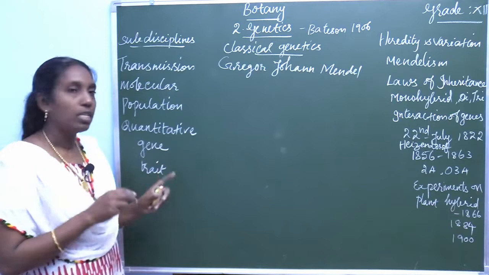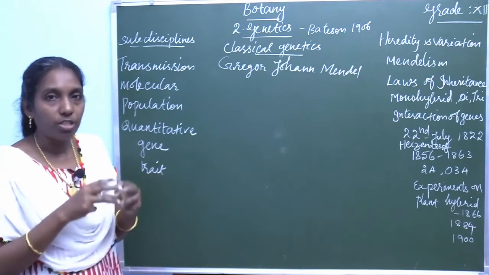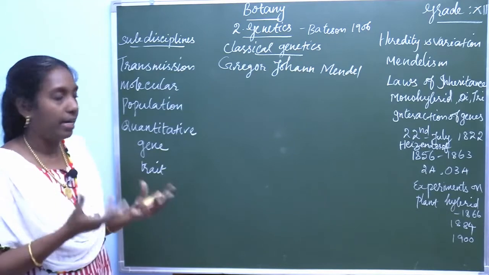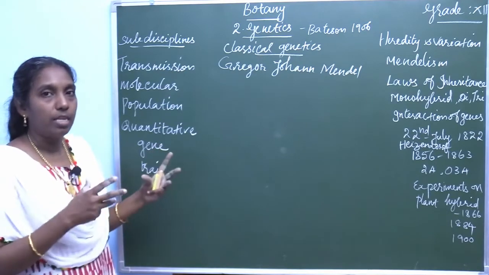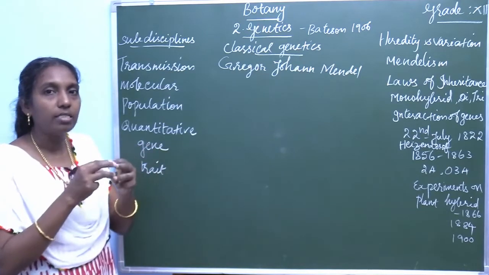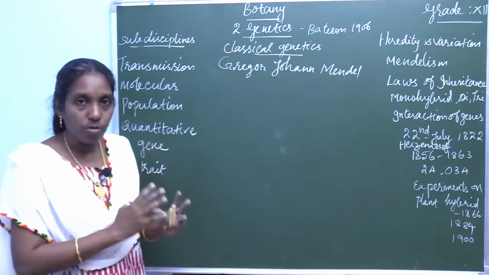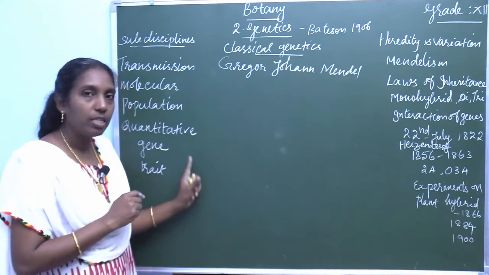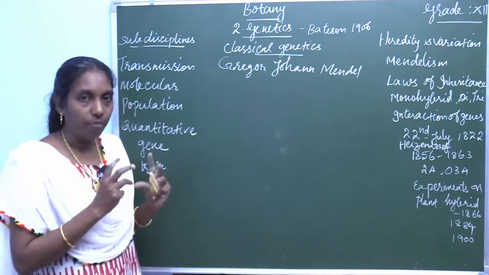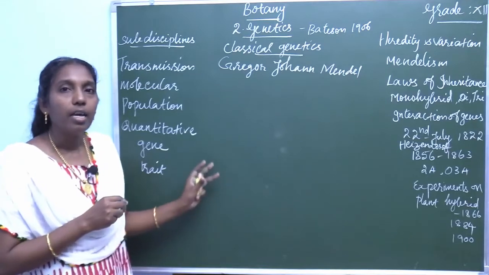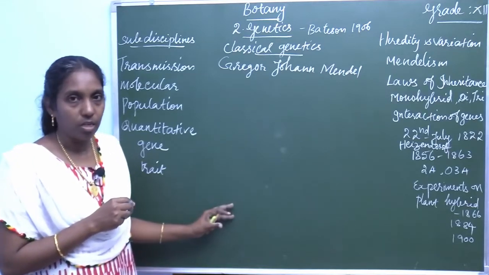So, genes are the structural and functional unit of inheritance or heredity. This gene carries the characters and is present in the chromosome. Within the chromosome there are a number of loci, so genes are located at these loci.